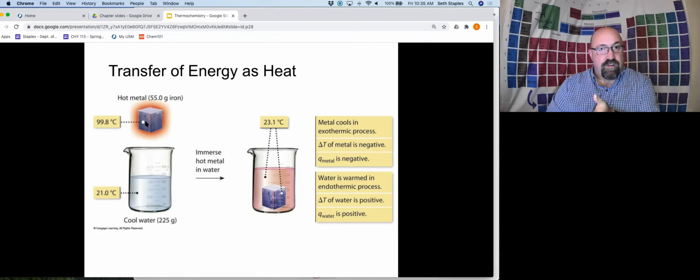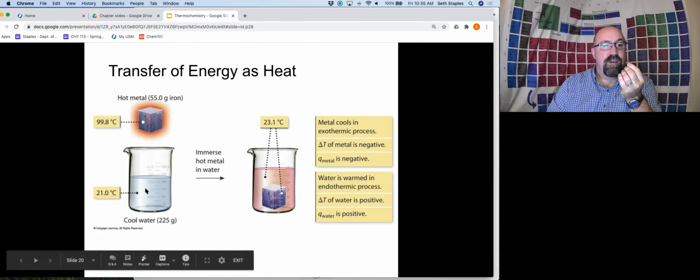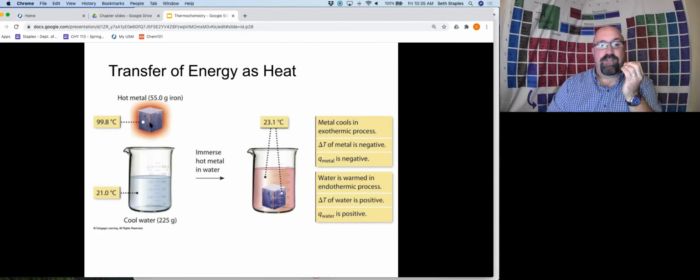It's going to lose energy, right? It's going to lose its energy to the water. Likewise, the water at 21 degrees is going to gain energy. And so the energy that the metal loses will be gained by the water.